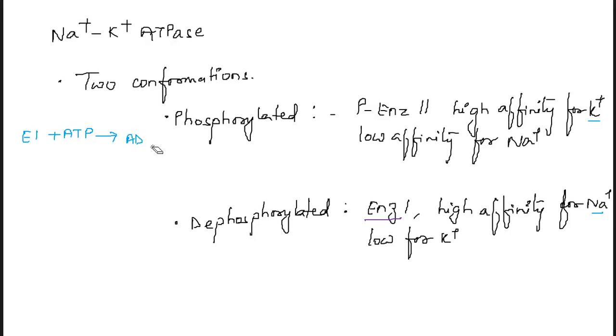It will be enzyme 2, plus ADP will be released. Here I write E2 simply, that will be easier. Then this E2 will be converted to E1 state upon dephosphorylation. Upon dephosphorylation, it will be converted to E1 again.